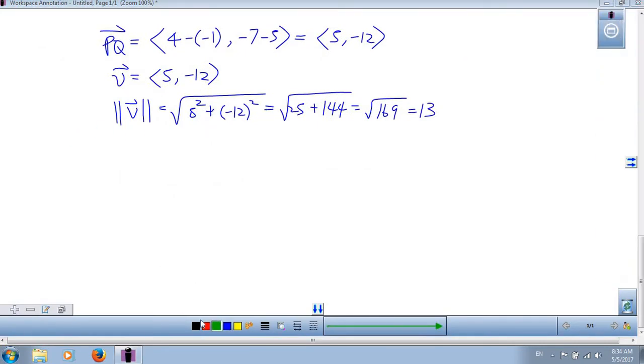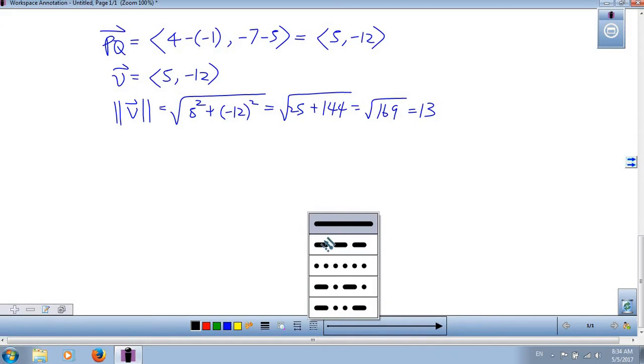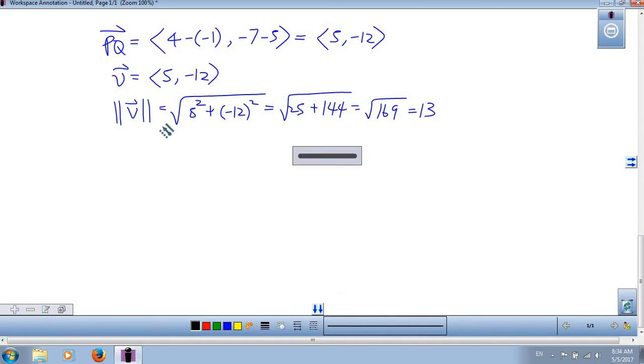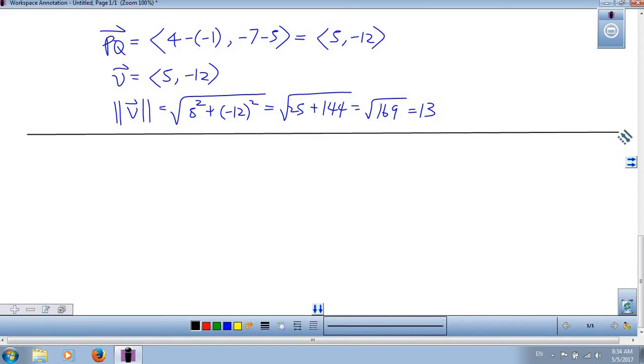But before we do that, let's go ahead and move on to some basic vector operations first. Vector operations. Some of the basic vector operations that we need to know are scalar multiplication, and vector addition and subtraction.